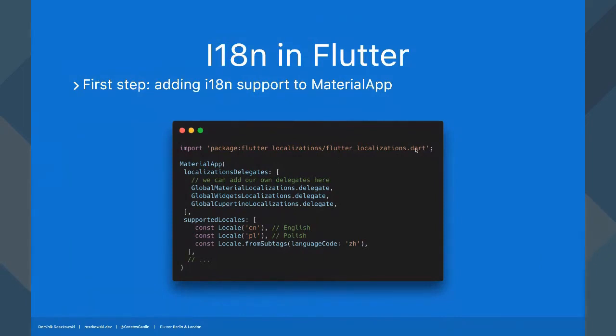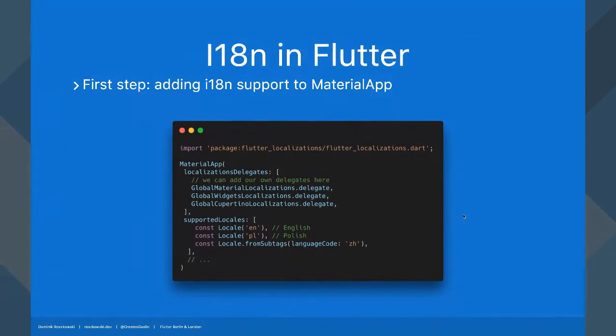If you add these delegates and these supported locales, you'll be able to, for instance, see localized labels or tooltips in your app. So for instance, if you hover over a back button, you will see a coding message in your language.